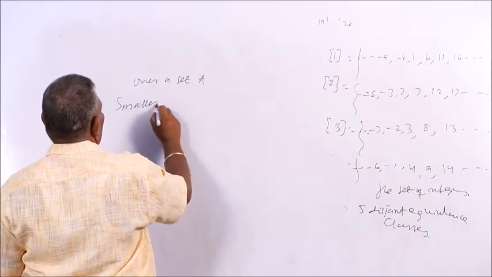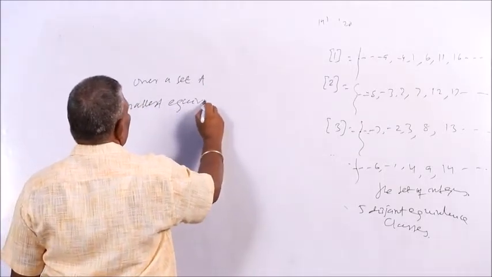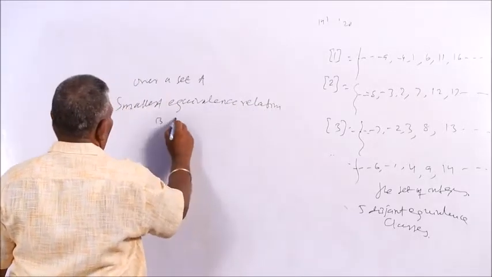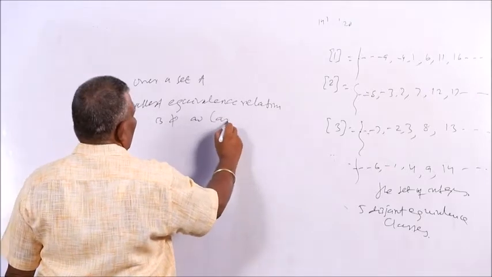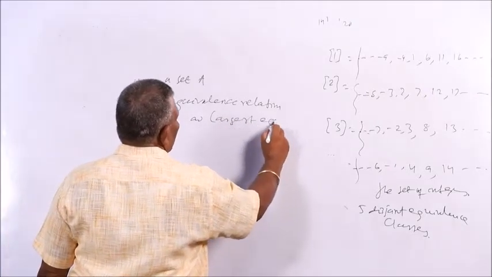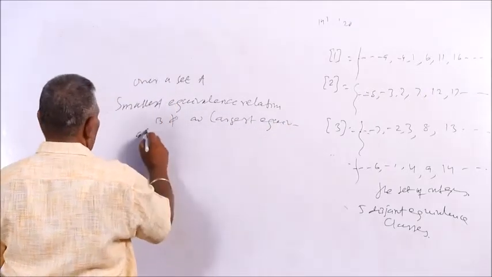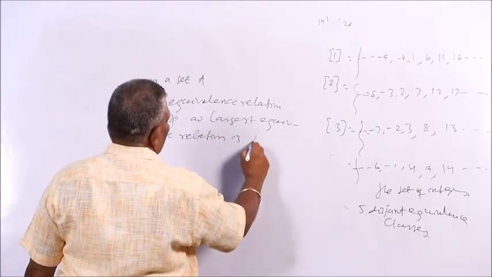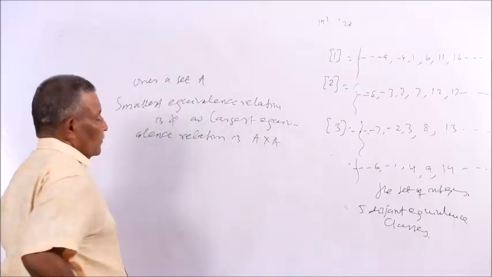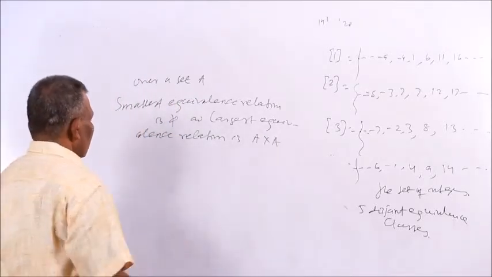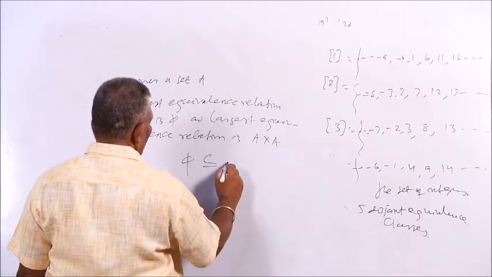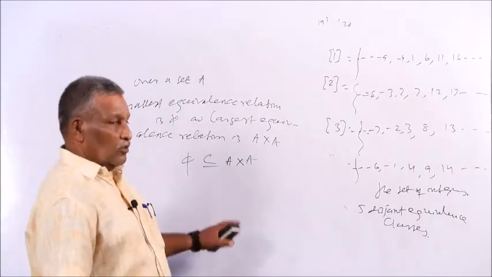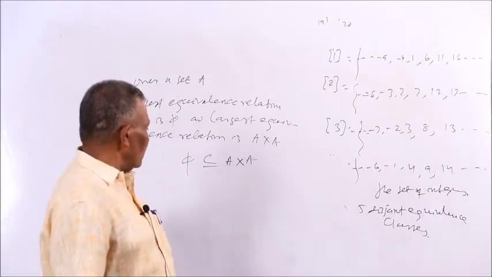The smallest equivalence relation is phi and the largest equivalence relation is A cross A. From set theory you know that the empty set phi is a subset of every set. Therefore, A cross A is also a set, so phi is a subset of A cross A.